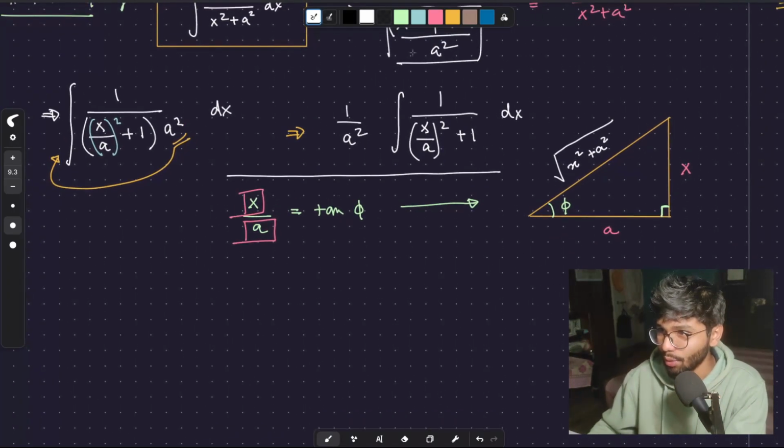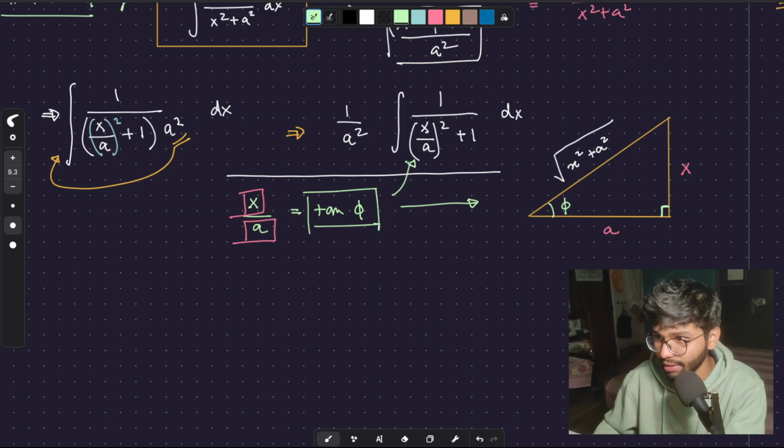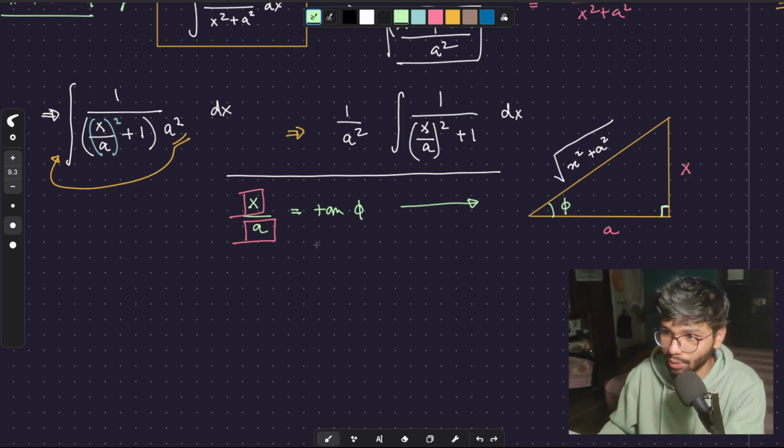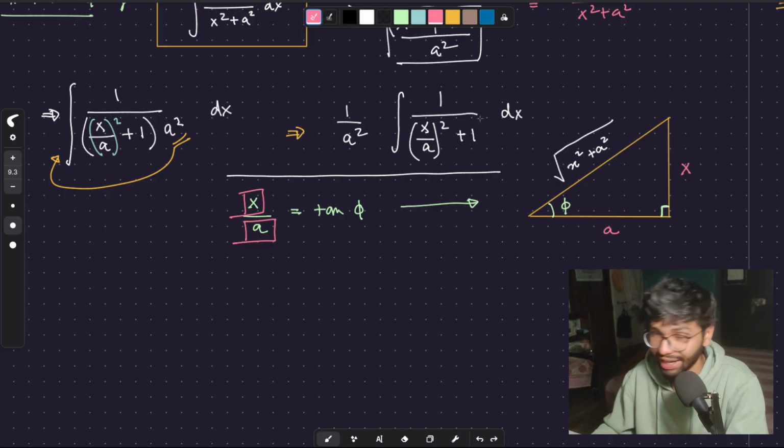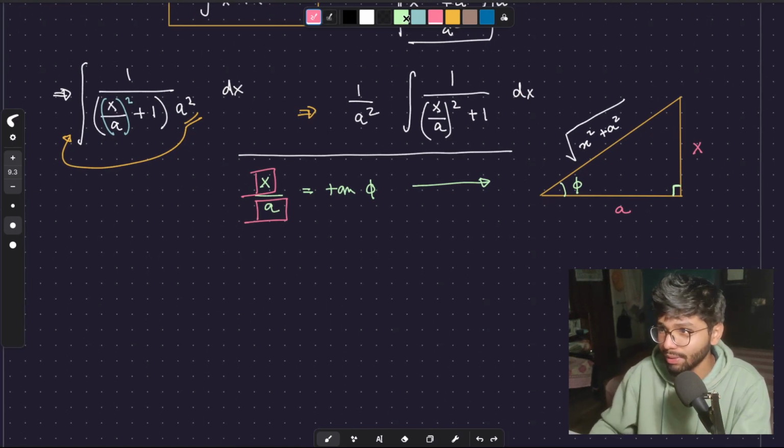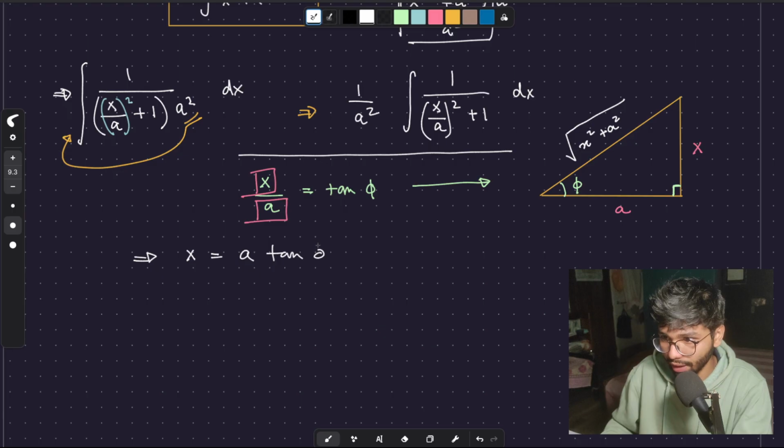Great. So we can put this tangent thingy over there, right? But before that, we need to find dx as well, because now we're talking in terms of phi's. So if we're supposed to integrate in terms of x's, that wouldn't work. That is blasphemy. So why don't we do some more algebra right here? Let's do x equals a tangent of phi.